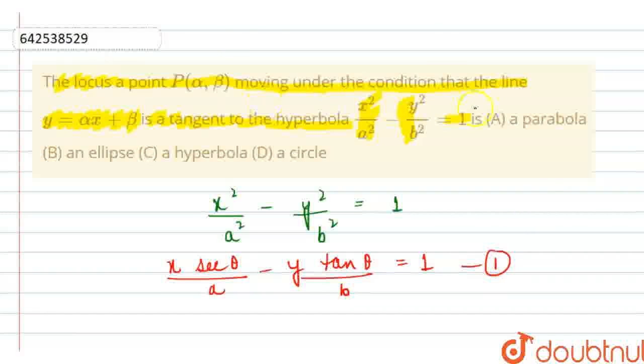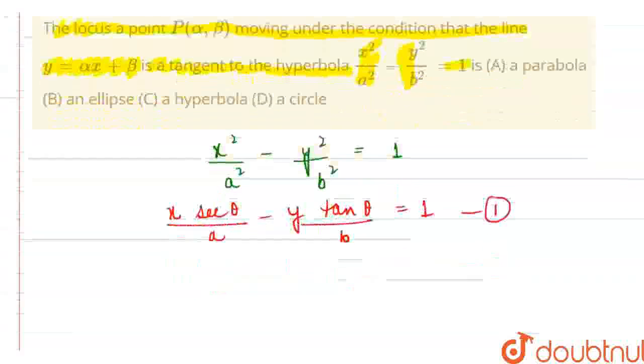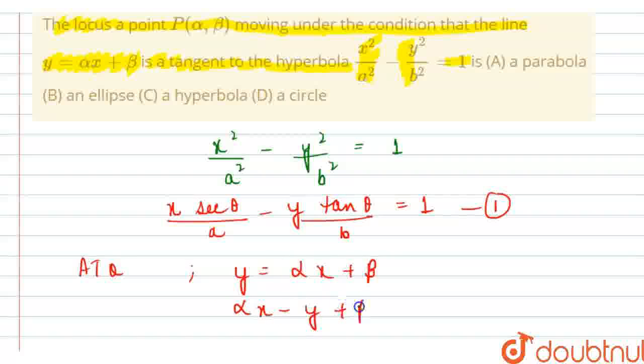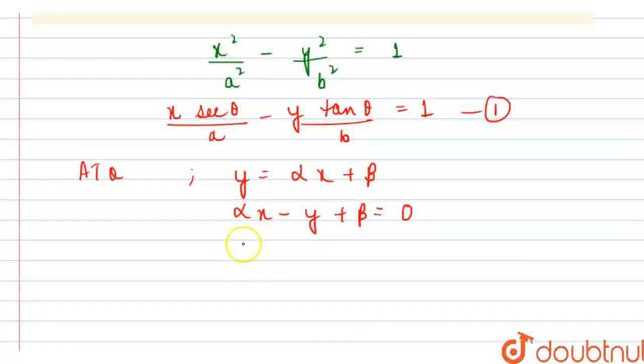Now in the question also we are given the line which is tangent to the hyperbola. So according to the question, y is equal to alpha x plus beta. So now we can write it as alpha x minus y plus beta equals to 0, and also it can be written as alpha x minus y is equal to minus of beta.